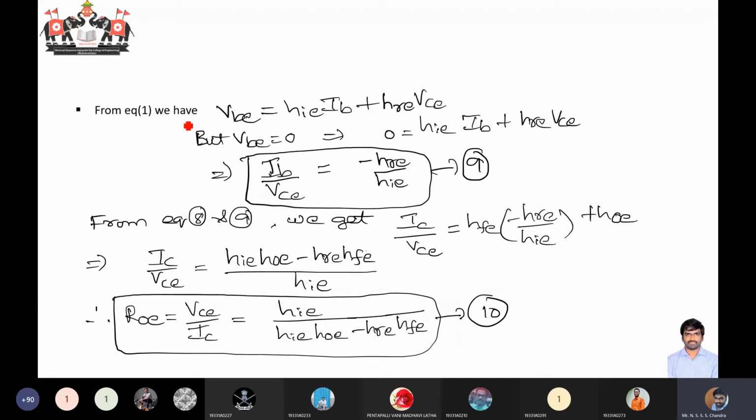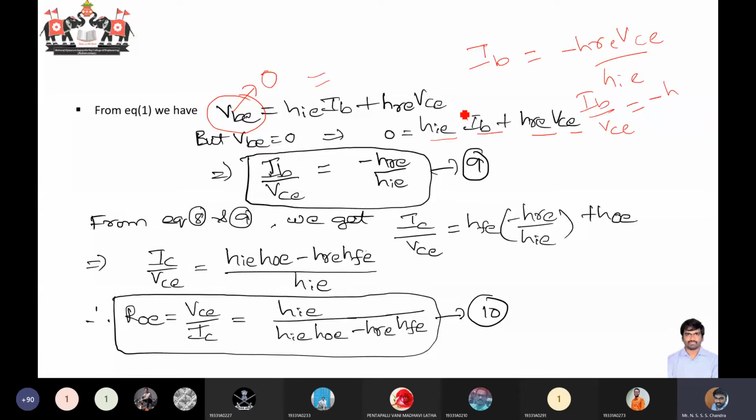In this equation, I am going to replace the input voltage VB as 0. So 0 is equal to HIE into IB plus HRE into VCE. From this, I get IB equal to minus HRE VCE by HIE. So IB by VCE is equal to minus HRE by HIE.